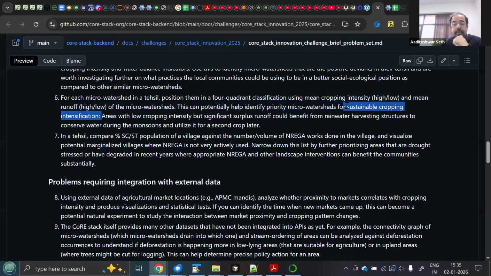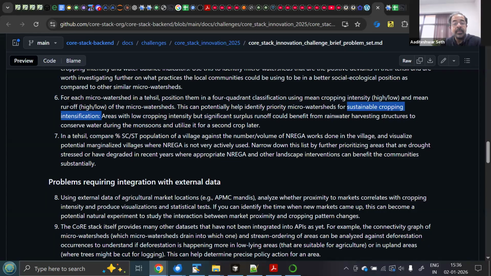What does this mean? Quite a mouthful. What this means is that microwatersheds which have a low cropping intensity, not a lot of area is being cropped, but there is high runoff, meaning that when it rains, a lot of water runs away. But they are not doing a lot of cropping. So sustainable intensification means: how do you intensify cropping, but in a sustainable way?